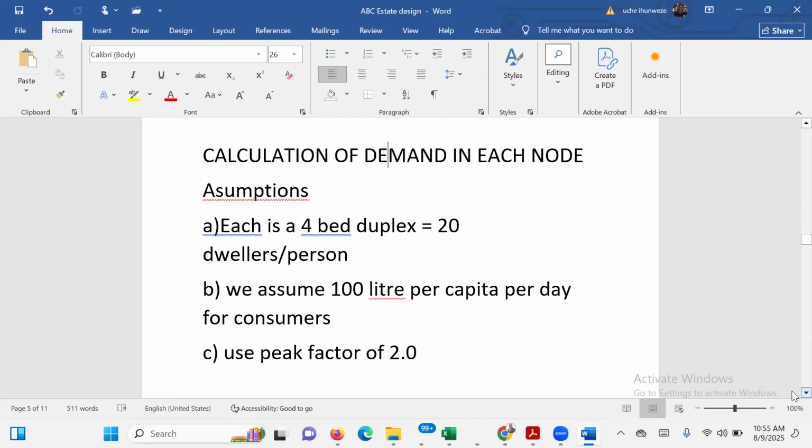Now, for this one again, we are retaining the water demand per person at 100 liters per capita per day. Then we will also use a peak factor of 2.0.